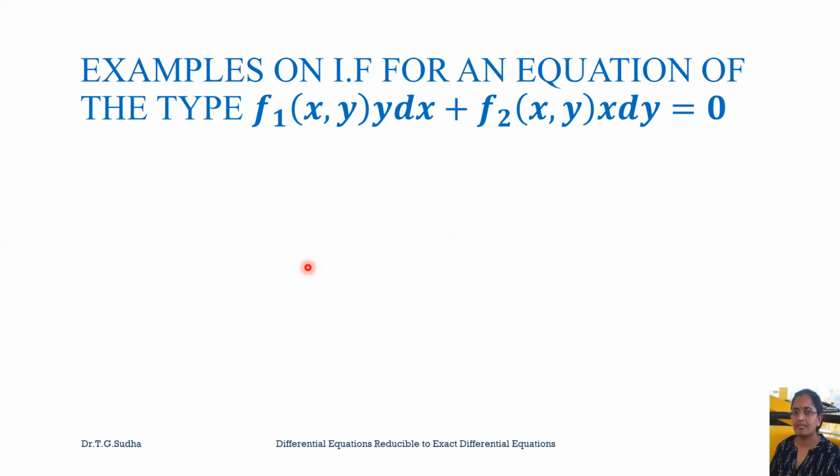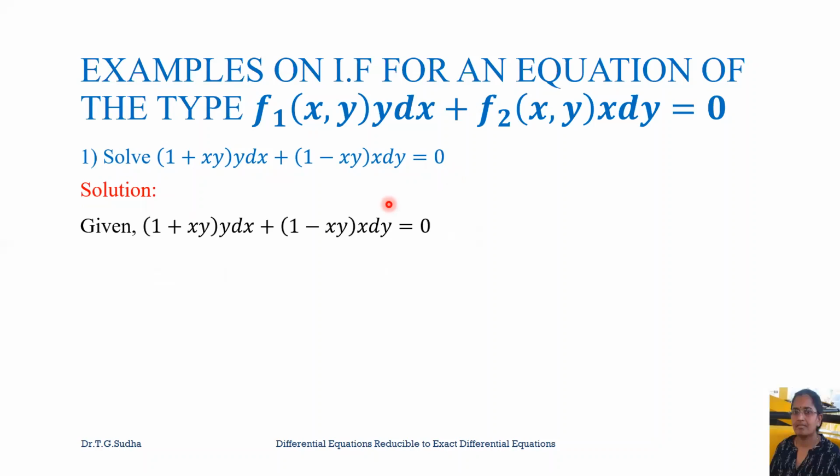Let us discuss some examples of this type. Consider the first example. Solve (1 + xy) y dx + (1 - xy) x dy = 0. So let us look into the solution now. The given equation is of the form f1(x, y) y dx + f2(x, y) x dy = 0.